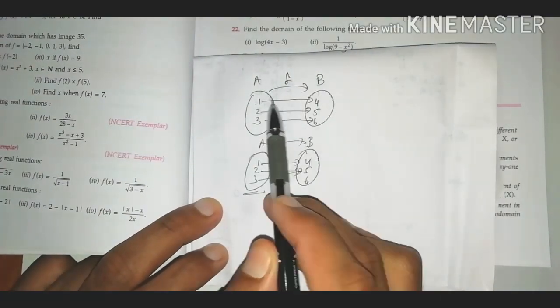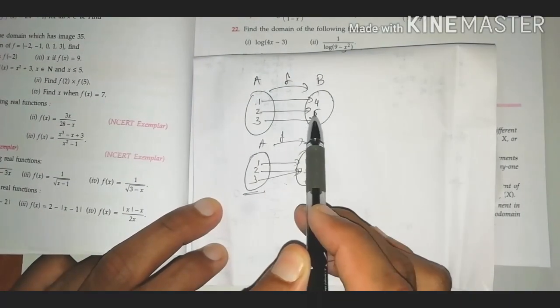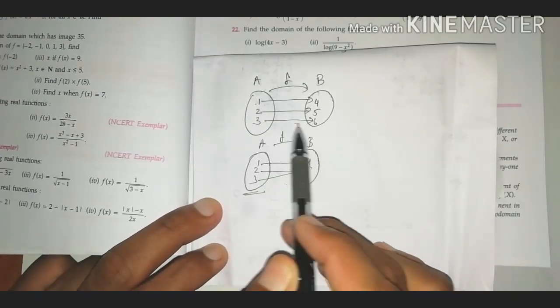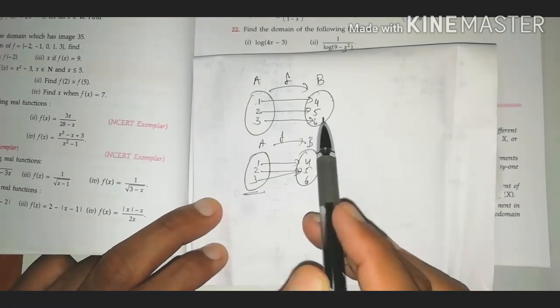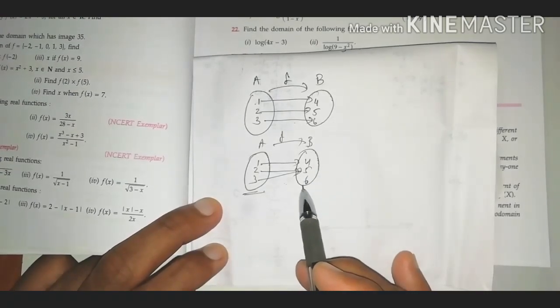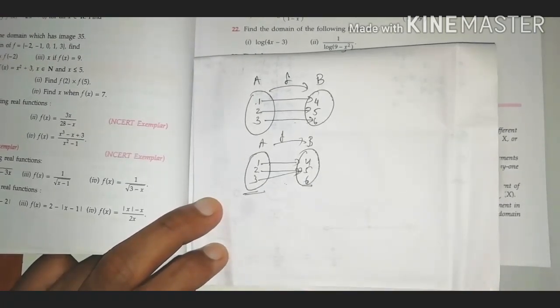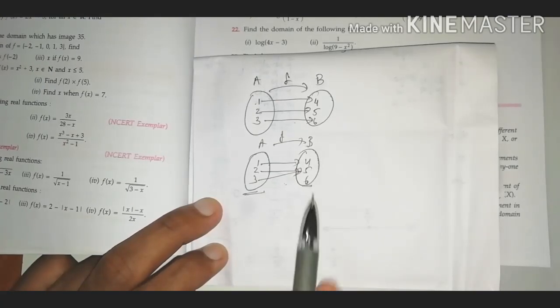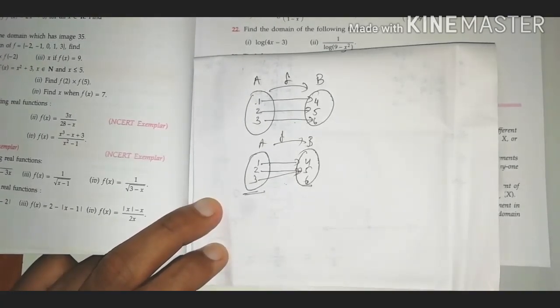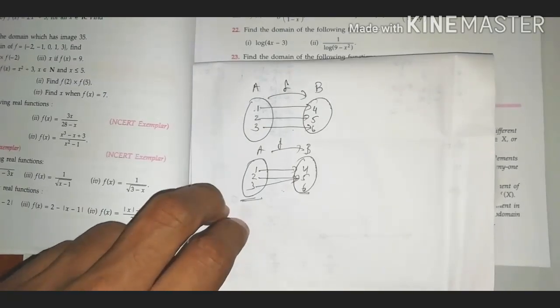So here 4 has one pre-image, 5 also has, and 6 also has one pre-image. So we can consider this as an onto function. But what about here? In the second set the same elements are there, 4, 5, 6, but here 6 doesn't have any pre-image, so we cannot consider this as an onto function.